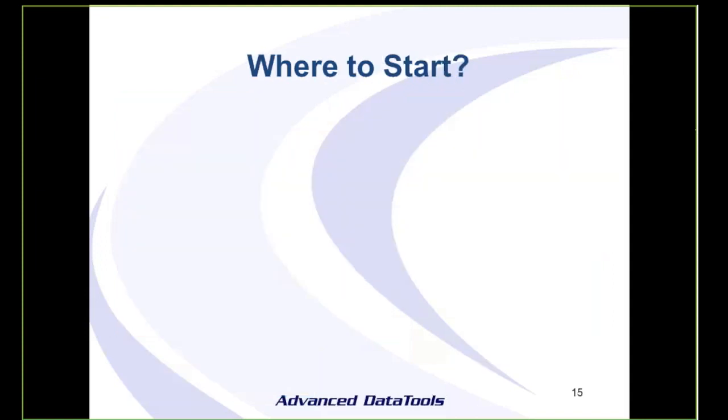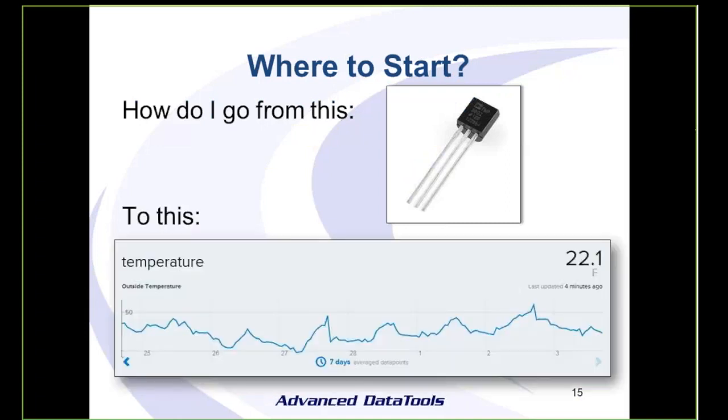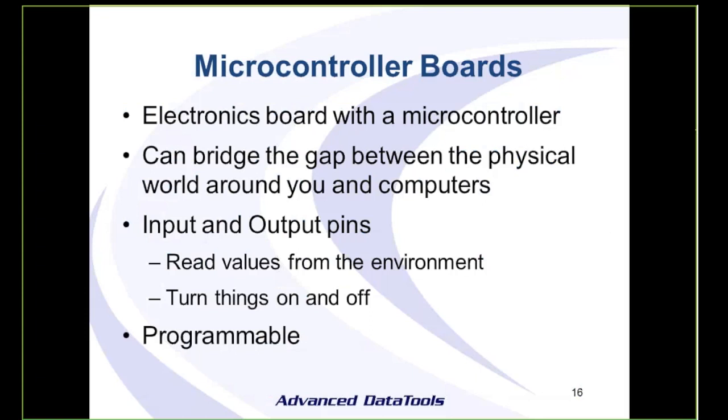So where do we start? And this is the dilemma I was in when I first started putting this together. You can get a simple temperature sensor. This costs like $1, but that's a little bit of electronics, and how do you go from there to a pretty graph, data in the cloud, that kind of thing? So this is where microcontrollers come in.